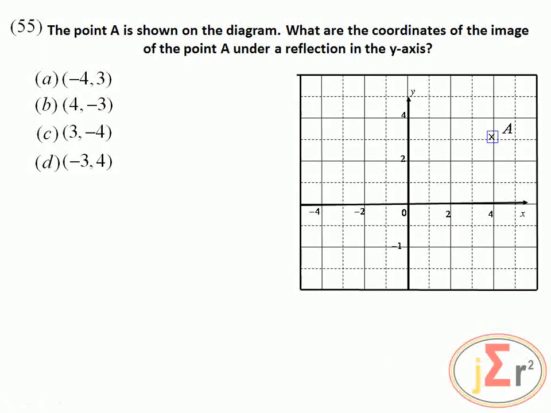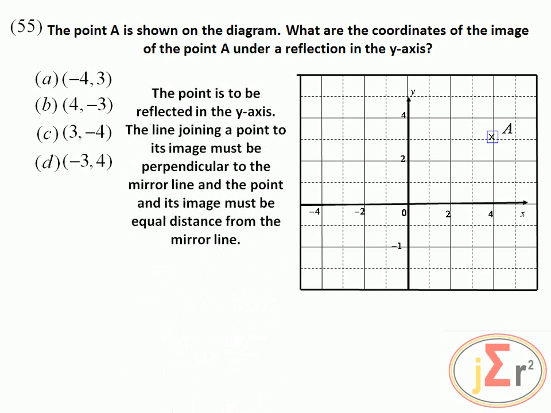There we have a point A. The point A is shown on the diagram. What are the coordinates of the image of the point A under a reflection in the y-axis? We are reflecting in the y-axis, and we have two rules. In reflection, the line joining a point to its image must be perpendicular to the mirror line, and the point and its image have to be equal distance from the mirror line.